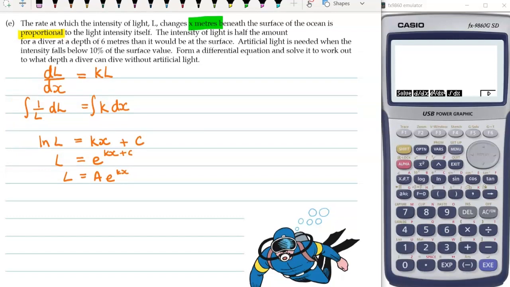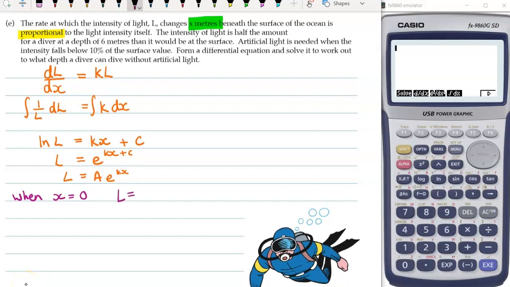Okay, next bits. Now we use the information in the question to help us to figure out what a is. So let's start. Usually you start with the initial values. So when x is 0, when we haven't moved at all, we've got the intensity is at its regular amount of being 100% intensity.